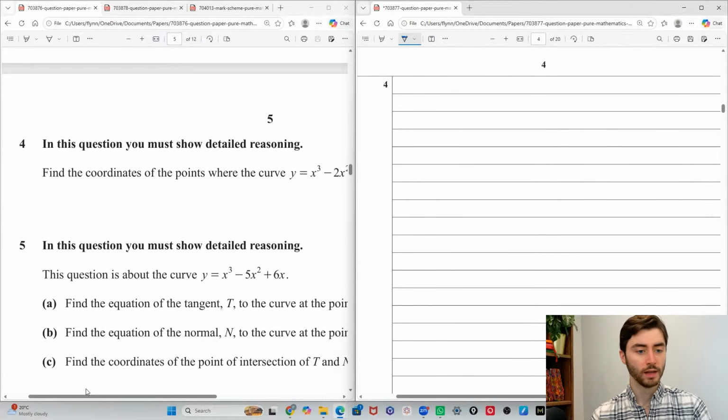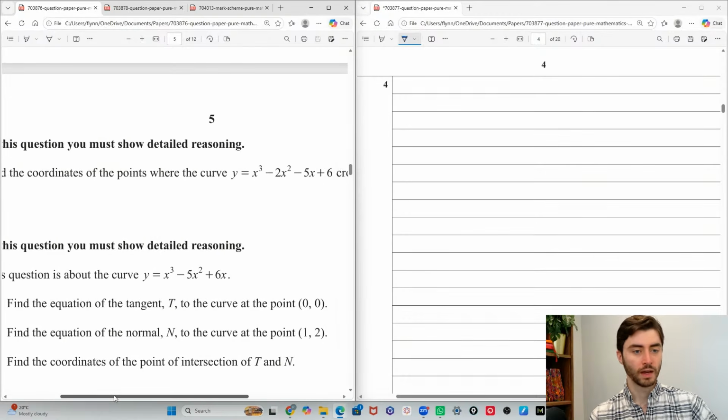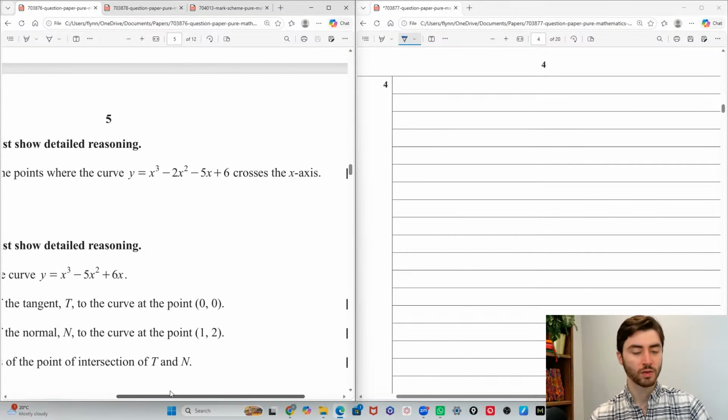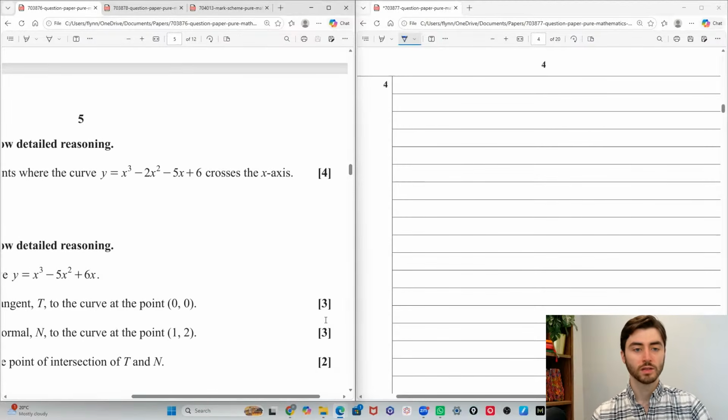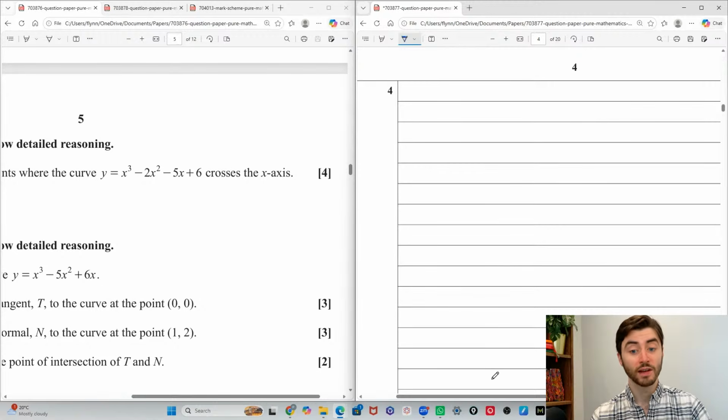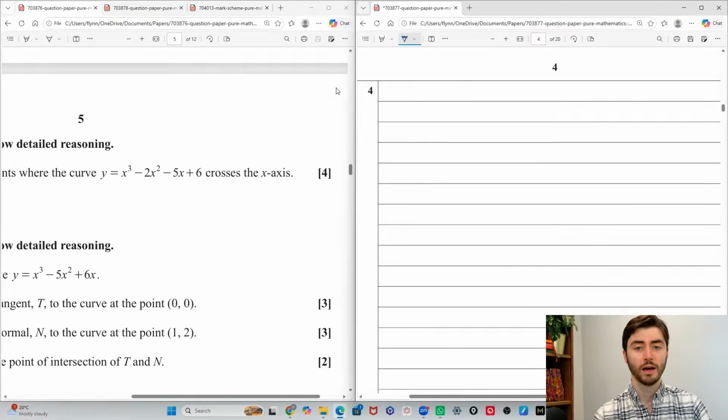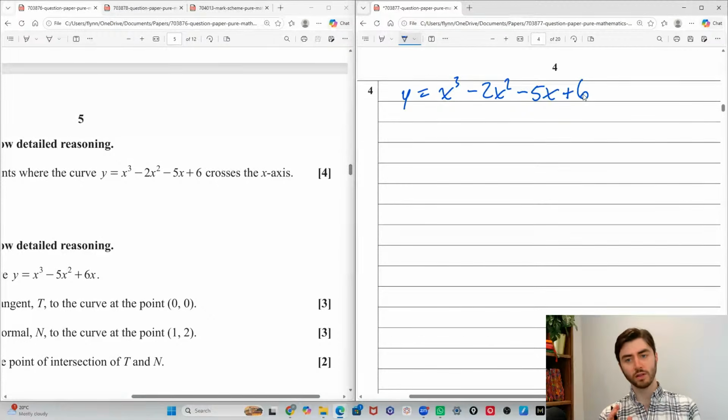So find the coordinates of the points where this thing crosses the x-axis. All right, so if we've got a cubic, we start with a kind of trial and error. I love this technique, though. So this is going to be done by factor theorem and algebraic long division.